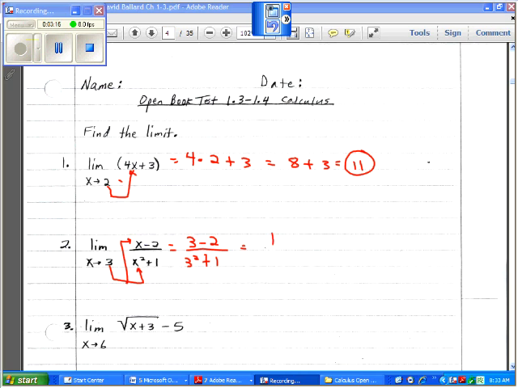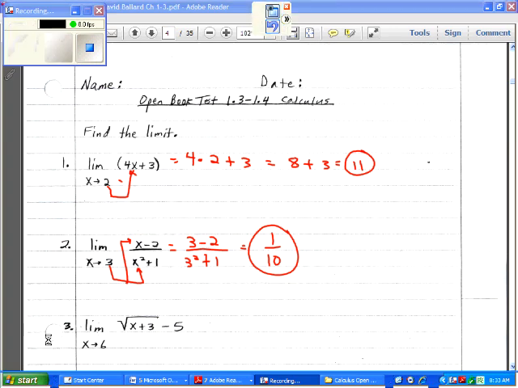So 3 minus 2 is 1, and 3 squared is 9, plus 1 is 10. And so the function value at x equals 3 is 1/10. It's continuous. Therefore, the limit value is also 1/10 at x equals 3. Any questions on that? Okay.